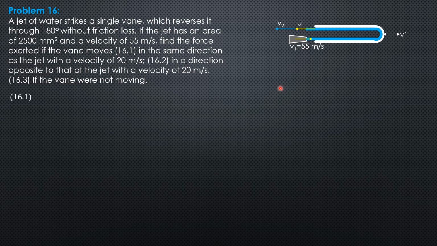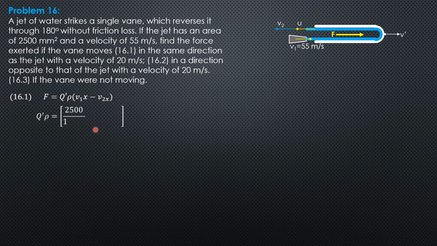So again, F is equal to Q prime rho quantity V1x minus V2x, where Q prime rho is area times U times density, and U is V1 minus V prime. In this case, V prime is positive 20 meters per second.